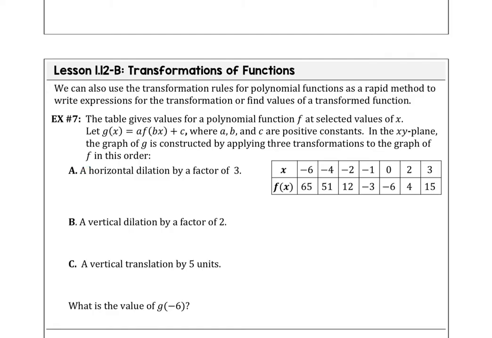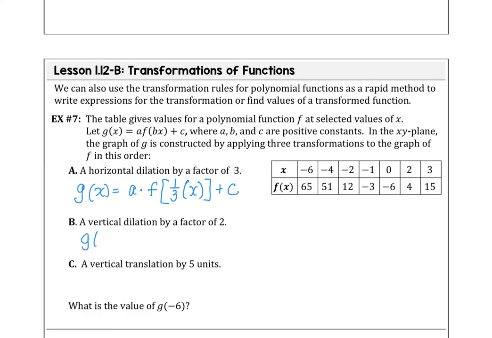So in the last lesson, we know that g of x is going to be an a value times f of 1/3, that's our dilation factor, times some x number plus c. The second transformation needs to be a vertical dilation by a factor of 2.